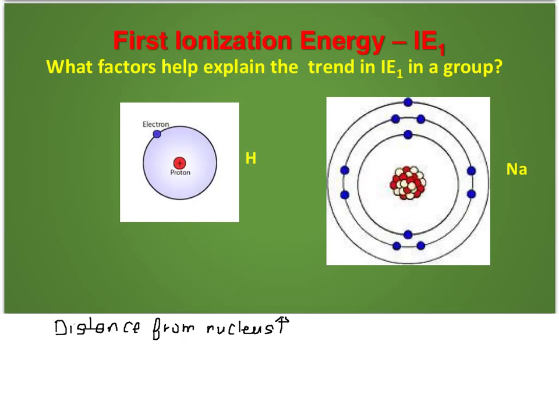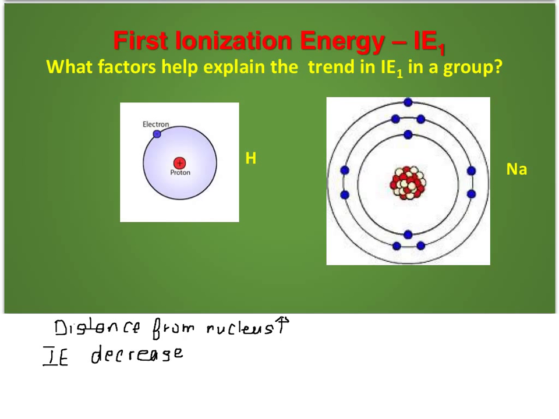So if it increases, what would happen to the ionization energy? Ionization energy will decrease. Why does it decrease? Because the most loosely held electrons are further away from the nucleus.